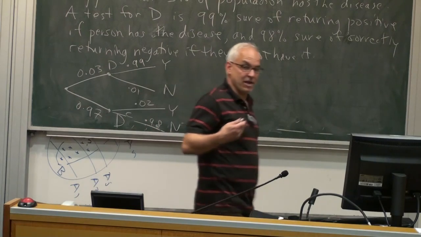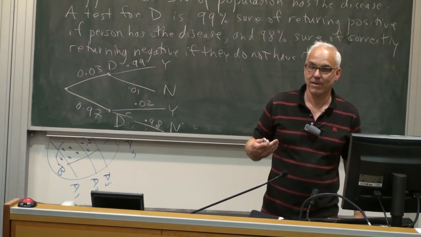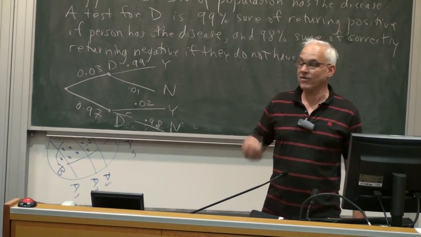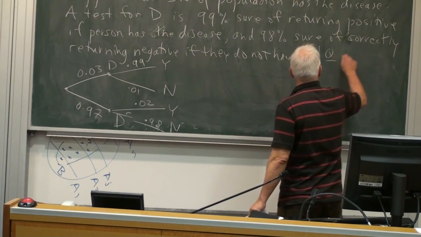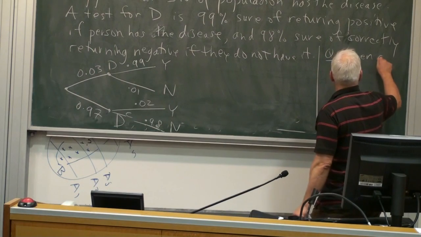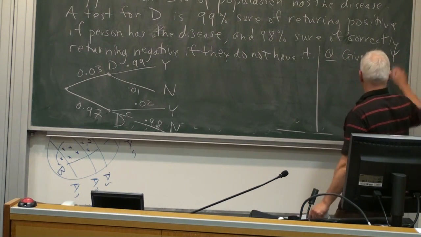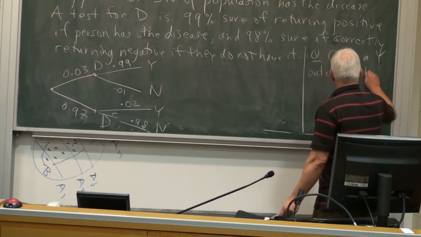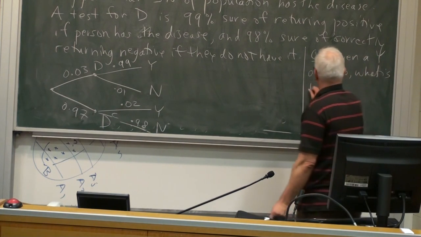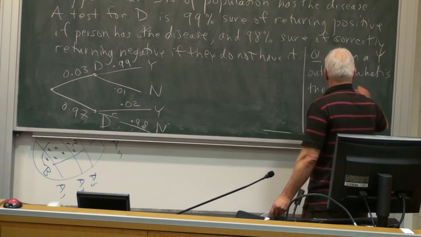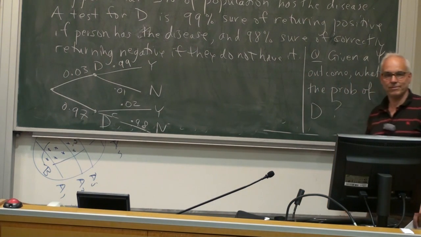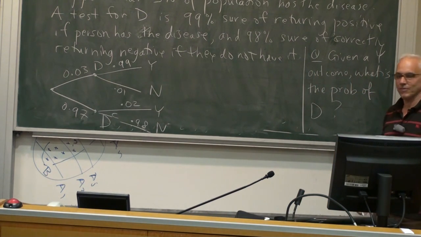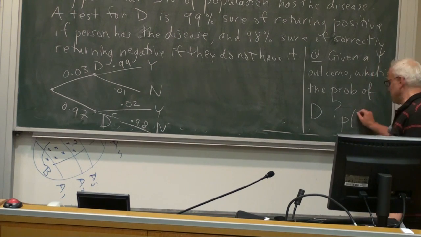Okay, what are we likely to be interested in? The interesting question is, given a yes outcome, what is the probability of D? That's actually what you're really interested in.